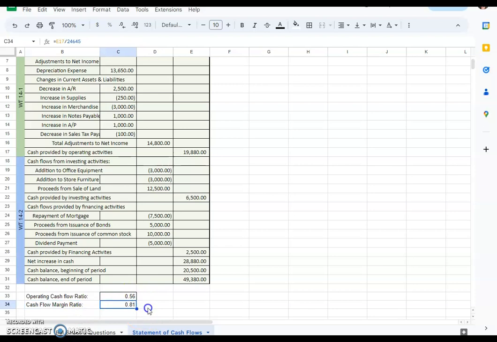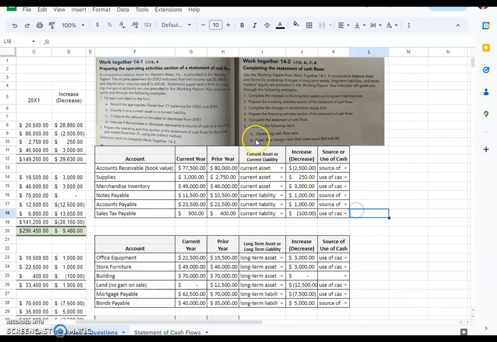Cash flow margin ratio of 0.81 tells us the amount of cash flow from operations for every $1 of sales. So 0.81, that's not 81 cents, that's like 8 mils, okay? So that is the end, I believe, of the work together problems. So the on your own is going to be very similar, but I'm going to let you do that on your own.